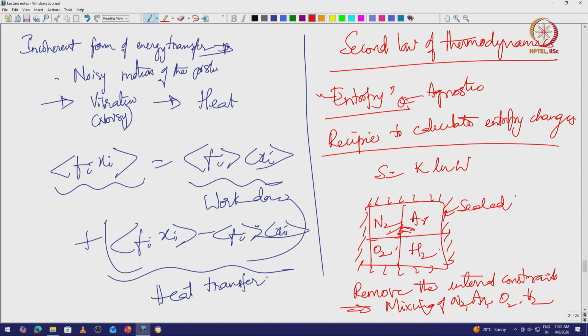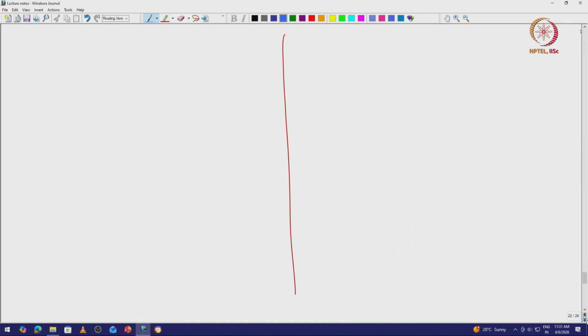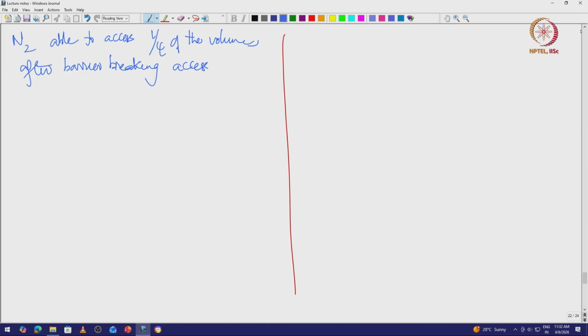And so, nitrogen, which earlier could only access this volume, is now able to access the entire volume. So, nitrogen able to access 1/4 of the volume after barrier breaking accesses the full volume.